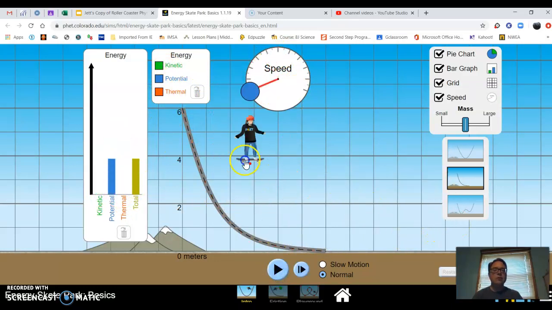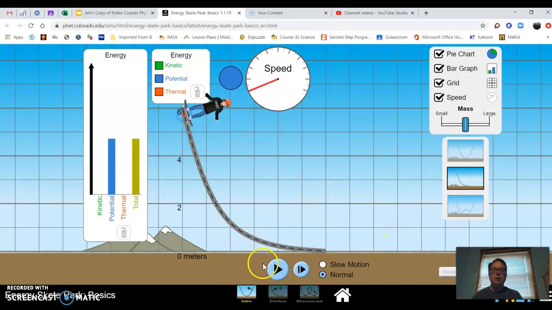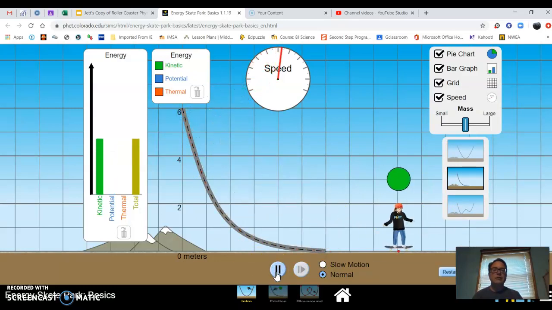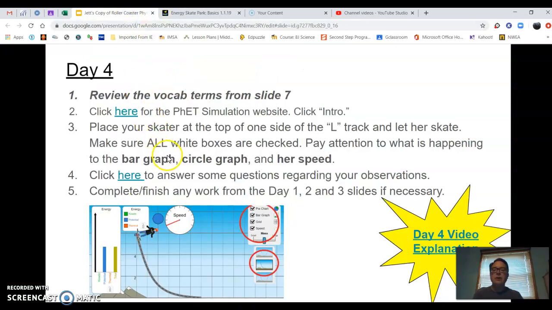And there she goes. If you look a few times, pay attention to each of the different charts and the speedometer at different places and different locations. Today what we want to see is what relationship these things all have together. So I'm going to put her back up there, ready to go. Back to the slide presentation.